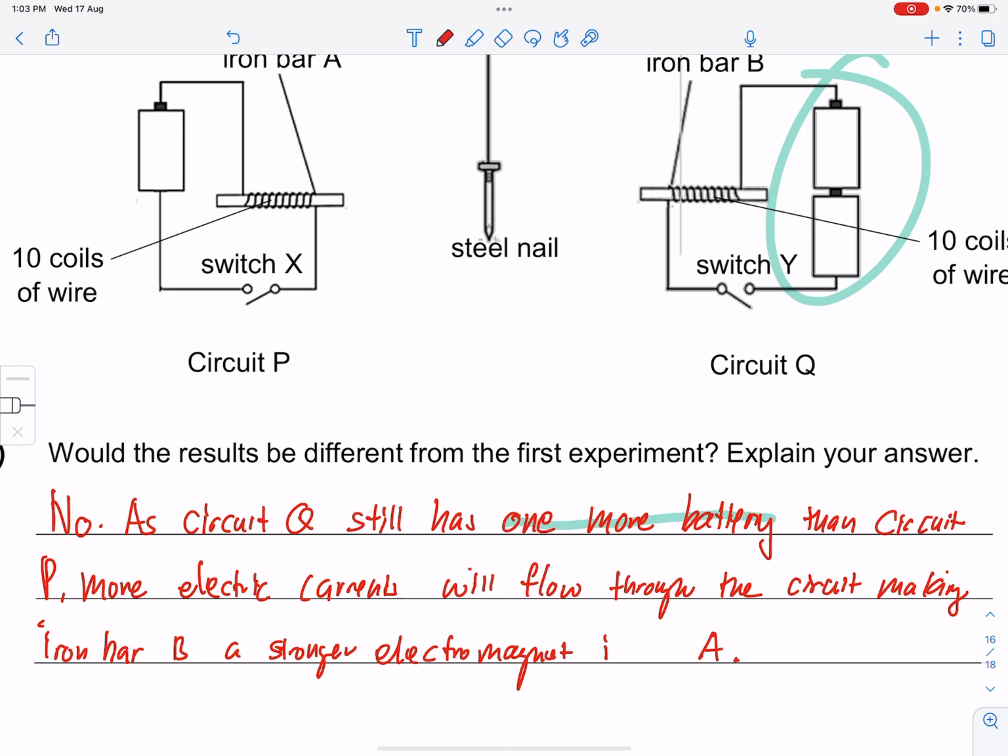You need to make sure that you have that comparison there. Don't just tell me it has got 2, so what? 2 means one more than the other, right? And that's where a lot of you lost the marks. And what does one more mean? One more means that it has more.